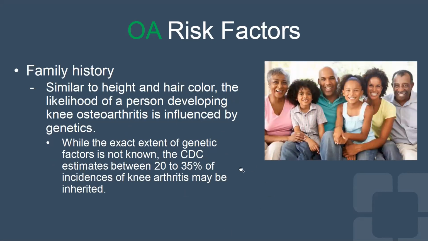And then we talk about family history. Similar to height and hair color, the likelihood of a person developing knee arthritis is influenced by genetics. While the exact extent of genetic factors is not known, the CDC estimates between 20 to 35% of incidences of knee arthritis may be inherited.